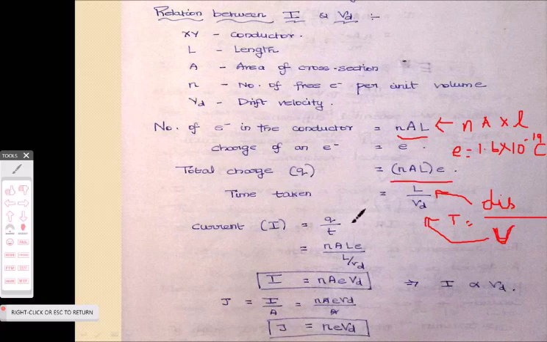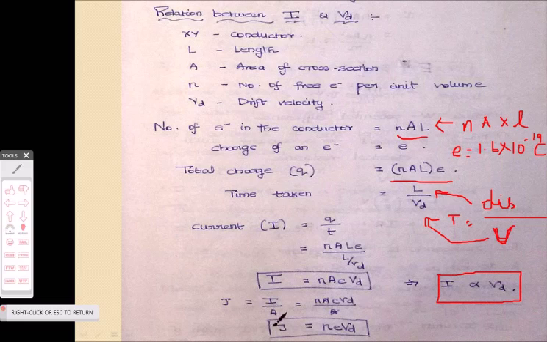Then the current I is equal to Q by t, where Q is equal to nAL into e and the time is equal to L by Vd. So the entire equation becomes I is equal to nAeVd. So we come to a conclusion that I is directly proportional to Vd. This is the relation between I and Vd.